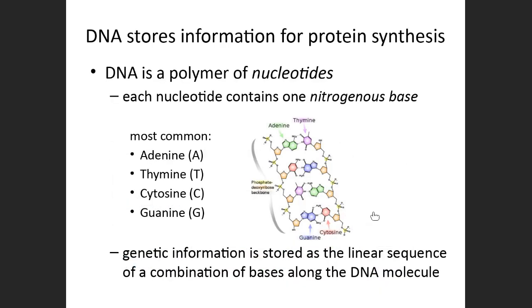Now we mentioned nucleotides, and we mentioned that the nucleotides are the information, but it's not just the nucleotides, it's the sequence of nucleotides. So what is it about the nucleotides that provides sort of a language? So the language here comes from those nitrogenous bases, and they're called nitrogenous.